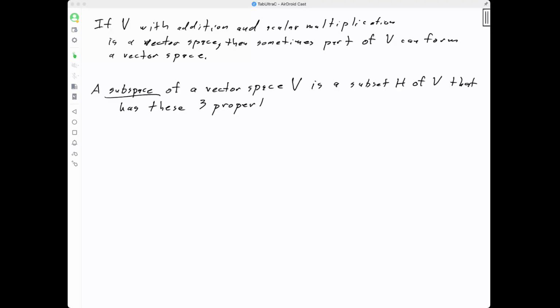So if you know you're part of a larger vector space, you only have to check three things to know that you've built a subspace.